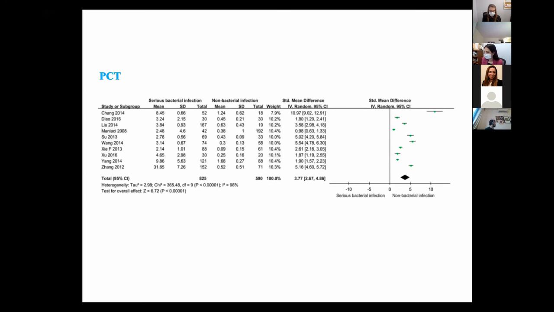So for procalcitonin, they did find that when they used a cutoff of 0.5, if it's less than 0.5, bacterial infections were much less common.